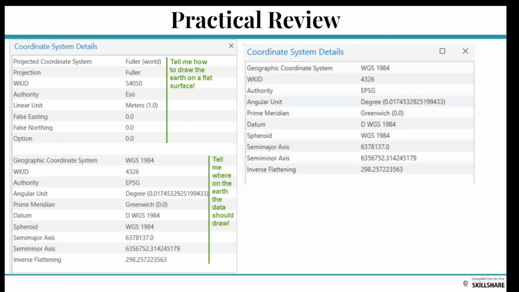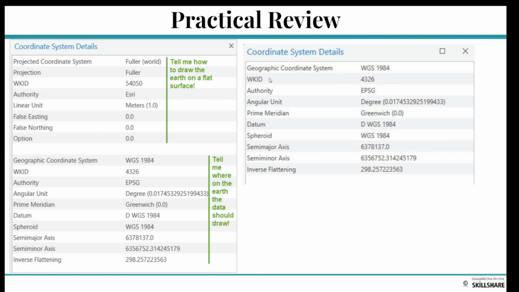We said we needed a projected coordinate system in the first place because we need to bring the data onto a plane, because the data is coming from a curved surface. The projected coordinate system does not necessarily give us the location of the data, but it converts the geographic coordinates of the curved surface, which is already the position, into something that we are able to work with on a planar surface.